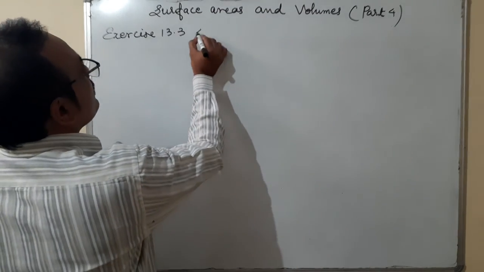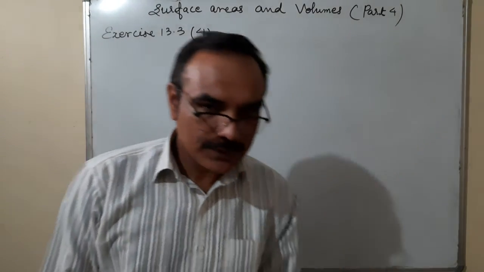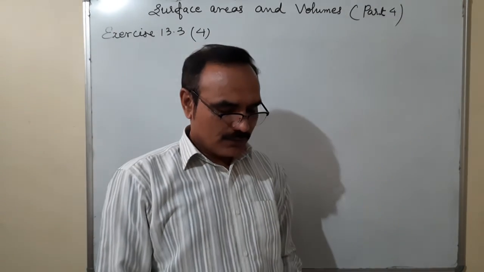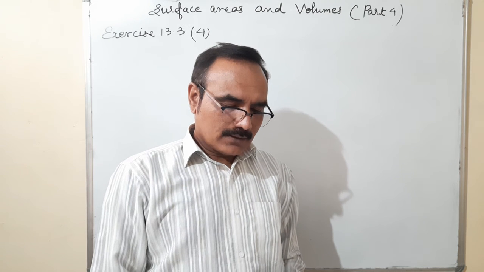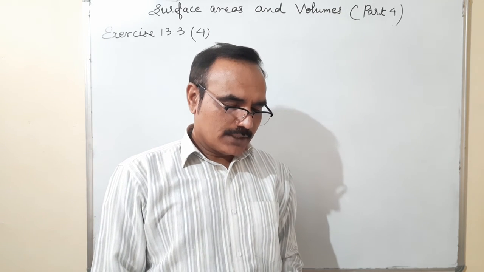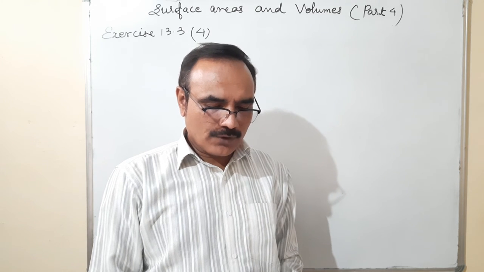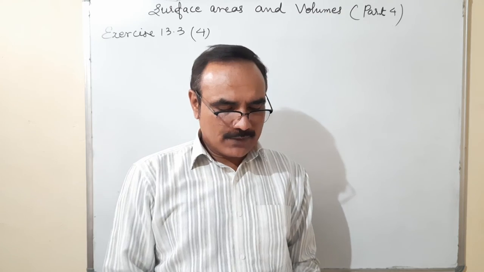Third and fourth are the same category of question. Number 4. A well of diameter 3 meter is dug 14 meter deep. The earth taken out has been spread evenly all around it in the shape of a circular ring of width 4 meter to form an embankment. Find the height of the embankment.